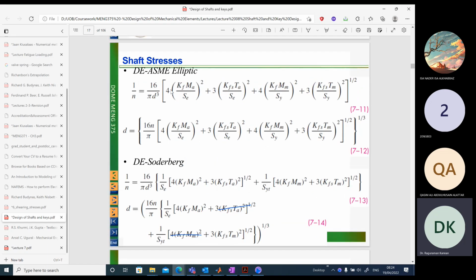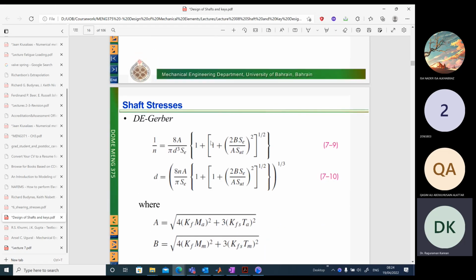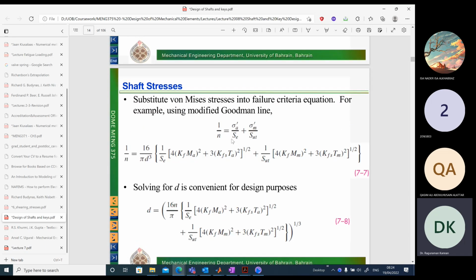So we went through different criteria like ASME elliptic, Soderberg, Gerber, and Goodman equations for shaft design. There are two formulas in each case, one for calculating factor of safety and another for directly figuring out the diameter of the shaft.